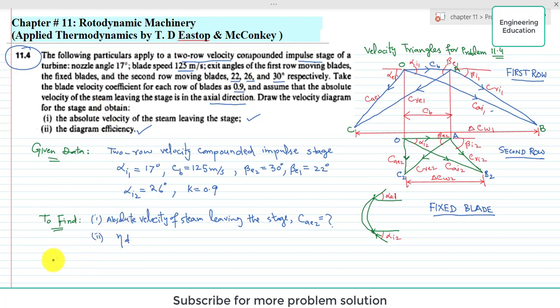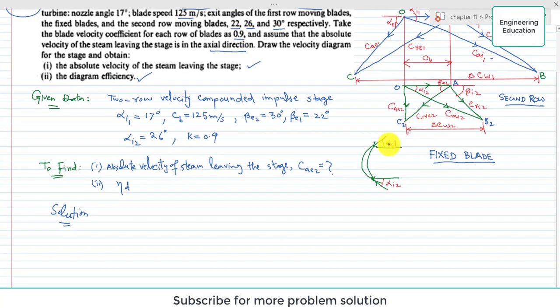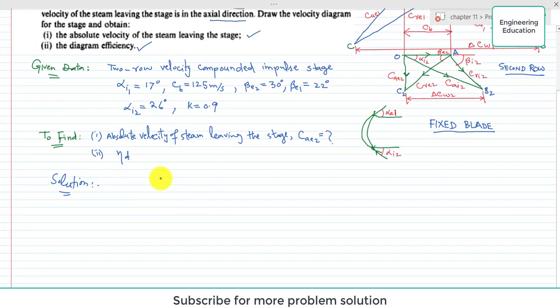So coming to the solution of this problem, first we are going to find CAE2 while using this setup of triangles. From here we can find the value of CAE2. So first of all, from this velocity triangle, we know that CAE2 is equal to CB tangent of 30 degree.